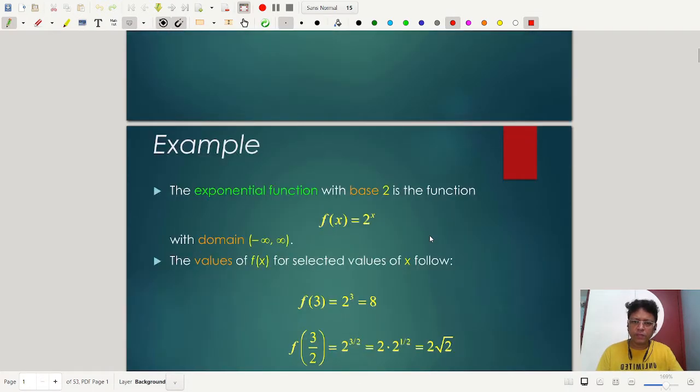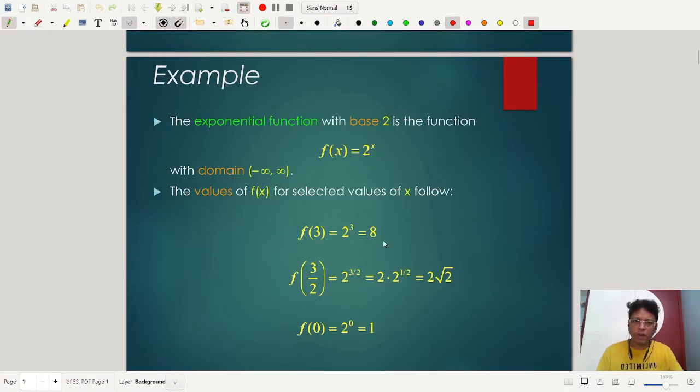Now the exponential function with base 2 is the function f(x) = 2^x. The domain is, as said, real numbers, minus infinity to infinity, because if this is your x-axis, this is your domain.